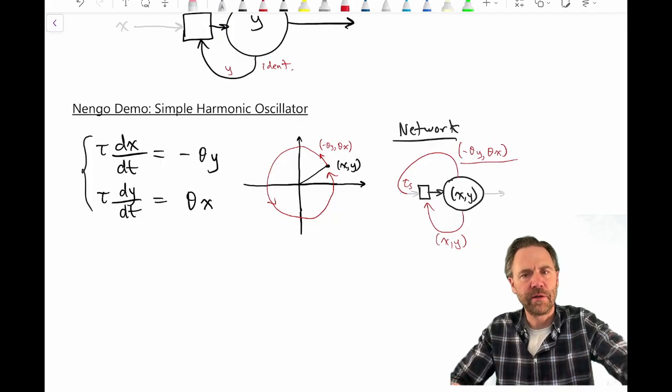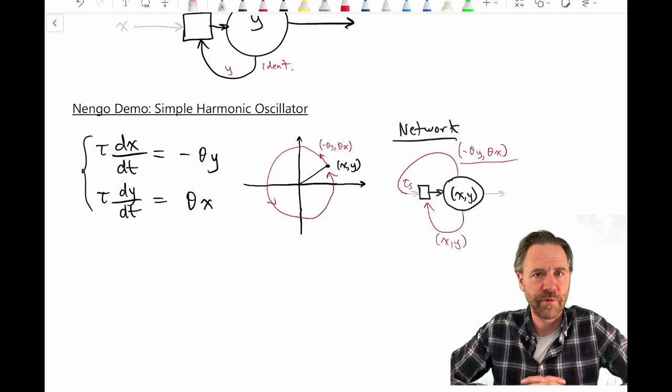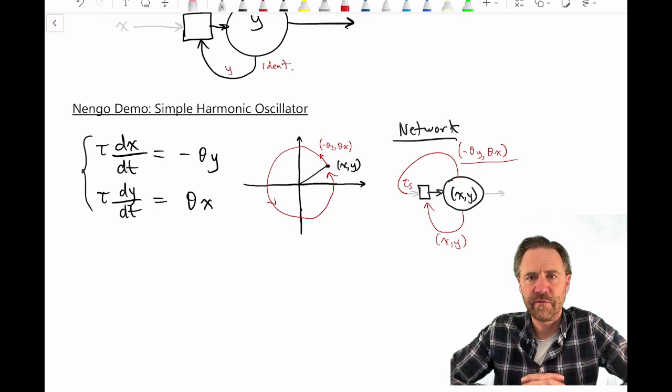So this is just one example of a dynamical system that you can implement using a recurrent population of neurons. And it opens the door for lots and lots of things that you can do with these networks.